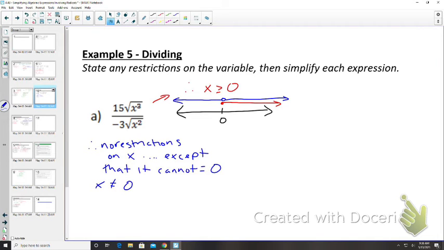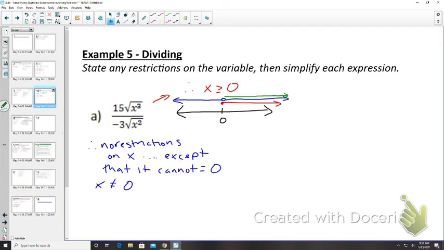And now for our restrictions, we need to ask ourselves, where do they both agree? If we are less than 0, only the denominator is happy. If we are at 0, only the numerator is happy. However, if we are past 0, they both agree.